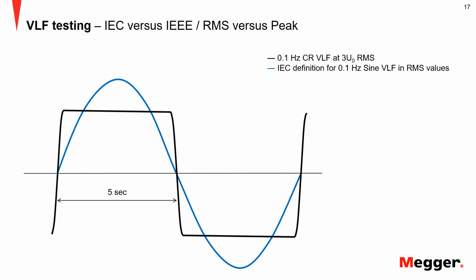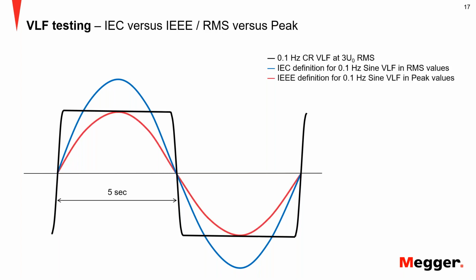And now IEEE, unfortunately, decided to define this differently. The cosine stays the same, but the sinusoidal gets a special treatment. So the standard is biased towards the sinusoidal wave shape.